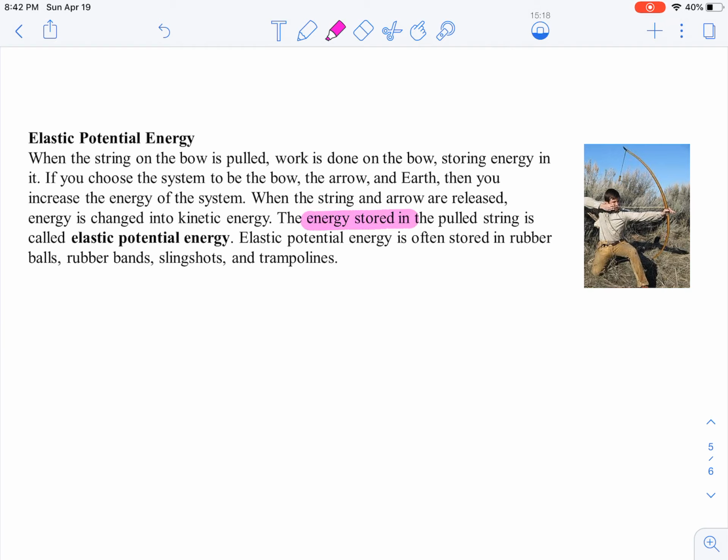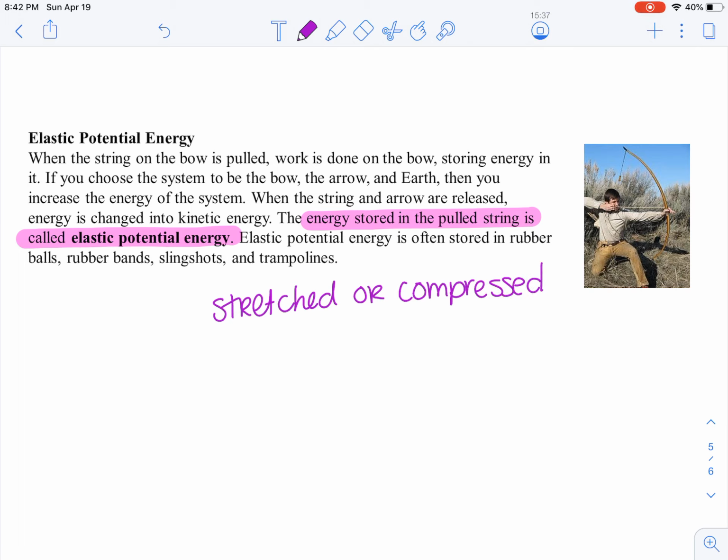Elastic potential energy is often stored in rubber balls, rubber bands, slingshots, and trampolines. Anything that can be stretched or compressed has some elastic potential energy in it.